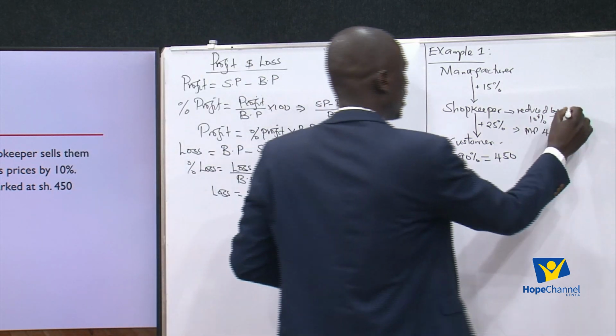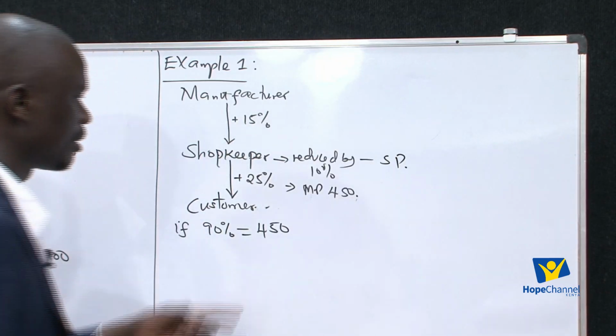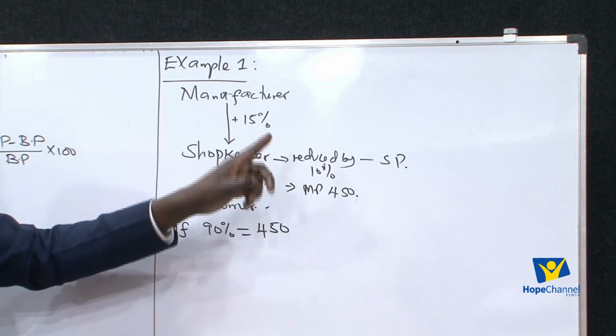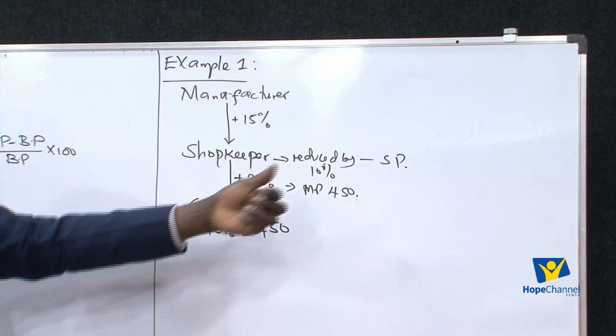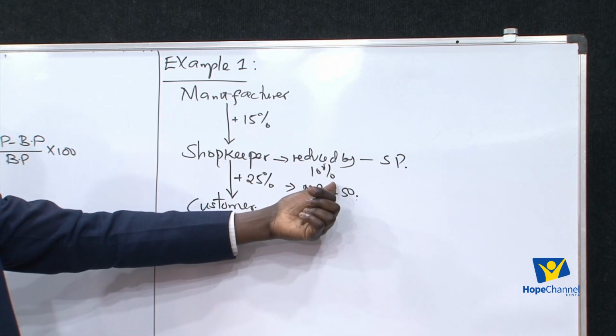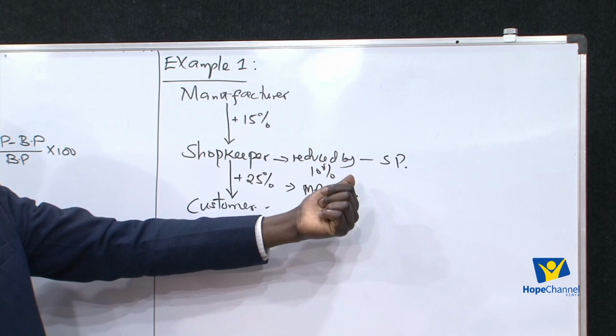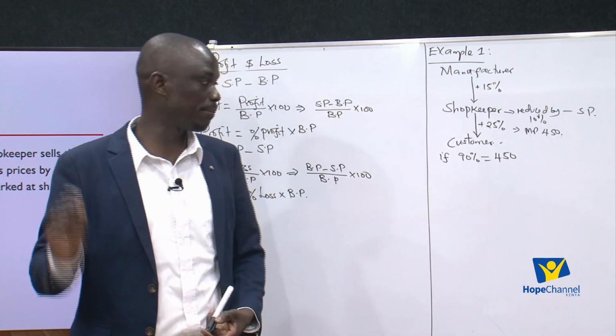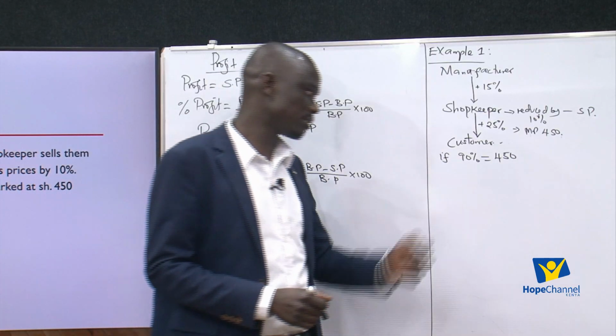We need the original selling price, because the shopkeeper reduced the price by 10%, meaning he did not sell it at his original selling price.